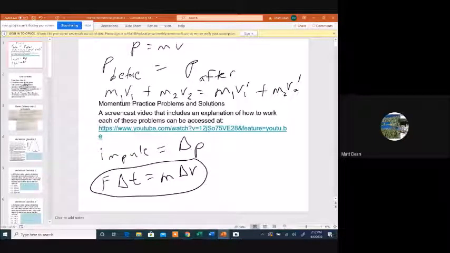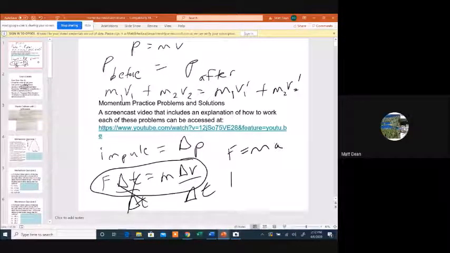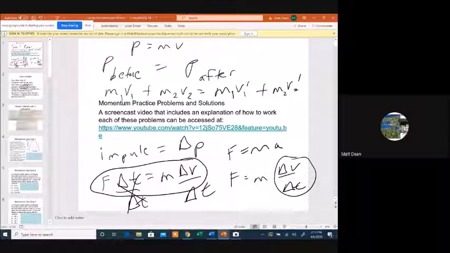If you remember, this equation is really just another way of writing F equals ma, and we can get to that by dividing both sides by delta T. If we do that, you can see F equals m delta v over delta T, and you know that change in velocity over change in time is acceleration. But again, two big ideas. Law of conservation of momentum, momentum before equals momentum after, and impulses cause changes in momentum. F delta T equals m delta v.